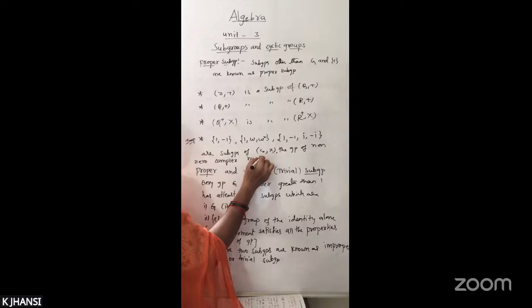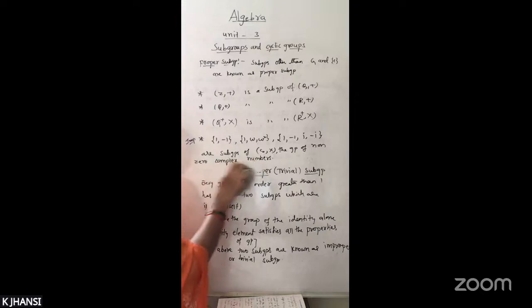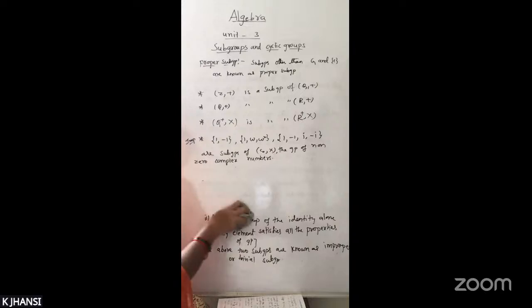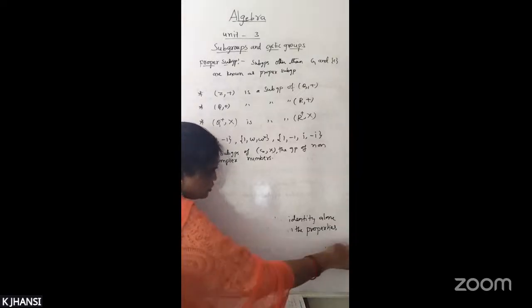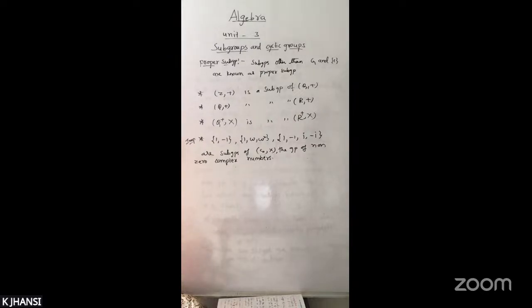Just if you remember this, it's enough. So those are the examples of subgroups with respect to addition and with respect to multiplication. I have told you that two to three different definitions for the subgroup are there, so you can see in the textbook what those different definitions are.